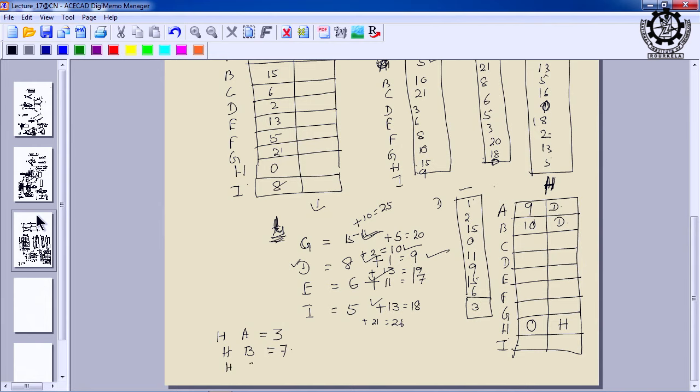So, H and C says it is 11. Let us find out. If it routes the packet via G, it is 15. 15 plus how much? In G it is 21. So, this is equal to 36. And via D it is 8 plus, in D stable it is 15. So, this is equal to 23, and via E, in E stable it is 6 plus 5, that is equal to 11.